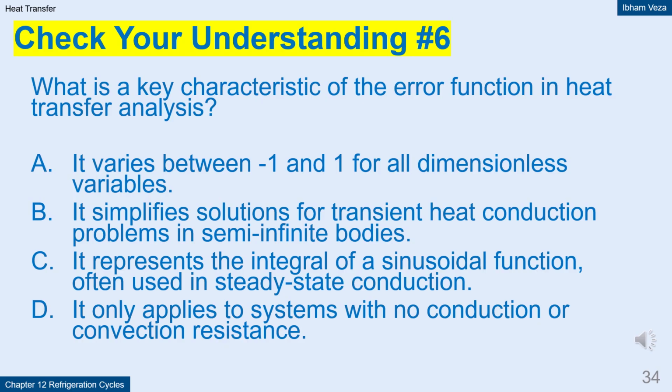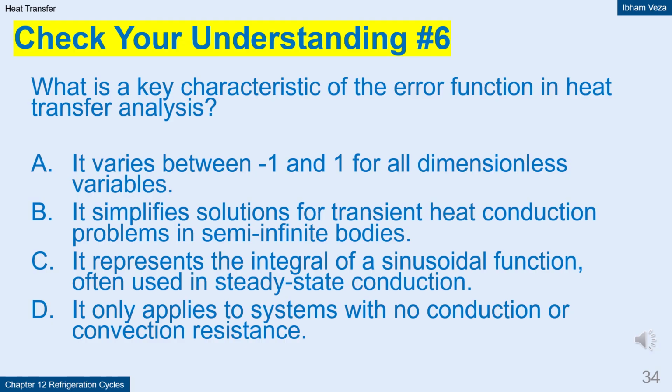The answer: B. It simplifies solutions for transient heat conduction problems in semi-infinite bodies. Explanation of incorrect answers. A. Incorrect. The error function smoothly varies between 0 and 1, not -1 and 1, for dimensionless variables.